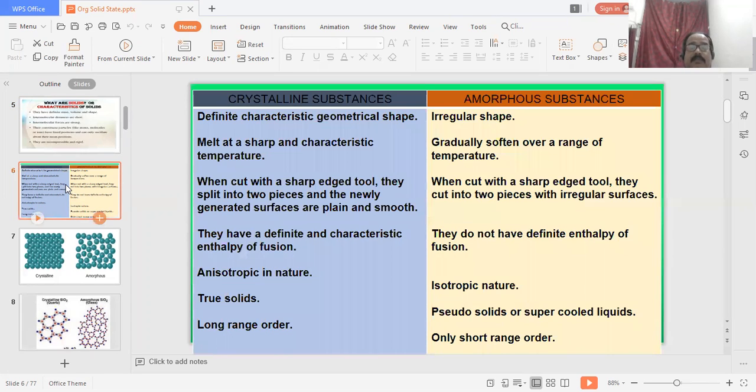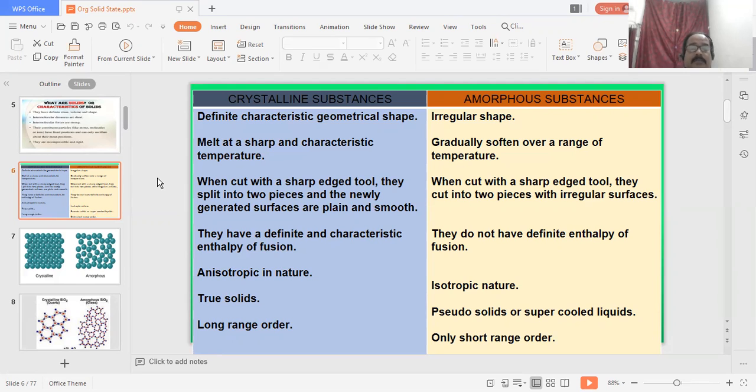The difference: crystalline substances have a definite characteristic geometrical shape, and non-crystalline have an irregular shape. In crystalline, the edge, vertex, and corner are all definite, but in non-crystalline they are irregular.